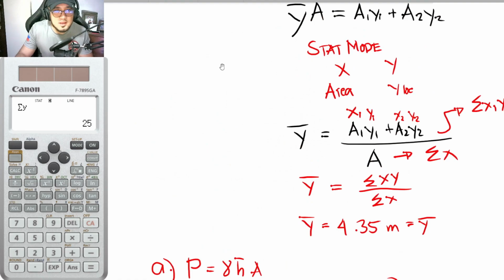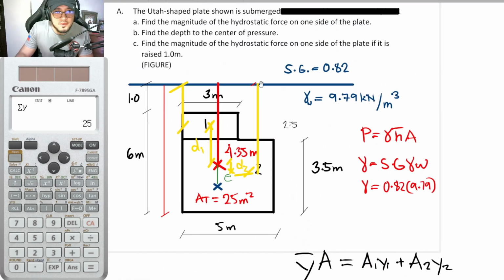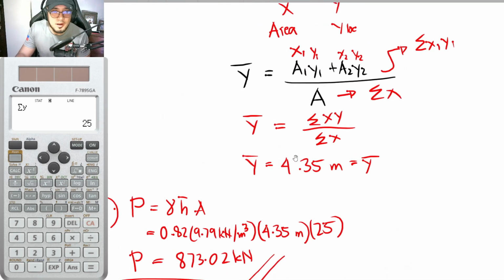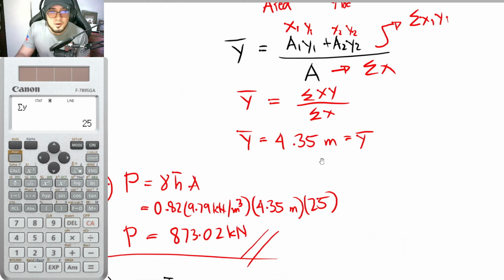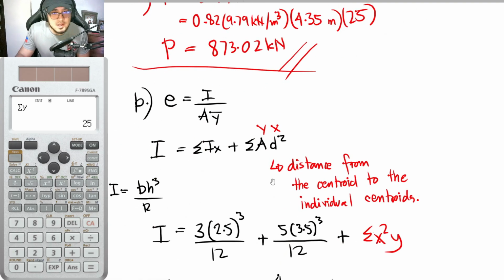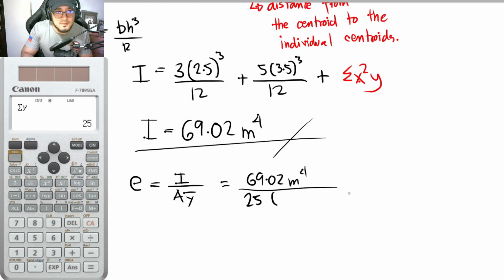Yung barred y natin is the distance from the surface up until yung centroid. And coincidentally, parehas po sila sa bar h. So bar y and bar h, iisa sila. So this is now 4.35. So this is now square meters and this is now in terms of meters.